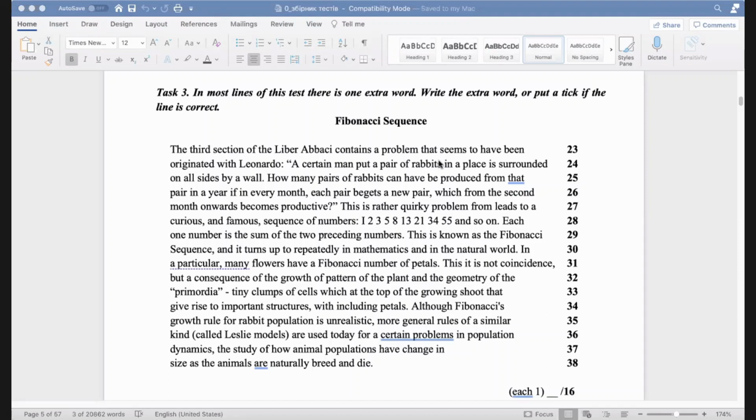We should take away. Take away. Okay, so in a place surrounded on all sides by the wall. Yes, you are right, because of the participle too. How many pairs of rabbits can have be produced from that pair in a year?